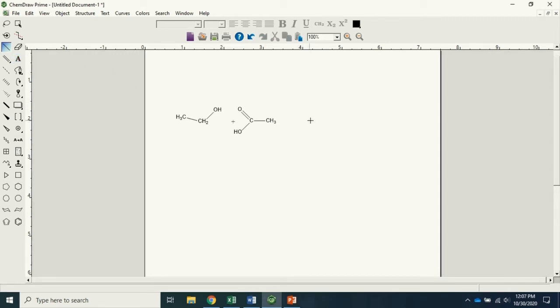So what's going to happen is the OH from here will react with the hydrogen from the hydroxyl, and let's remove that. And it's going to form ethyl ethanoate.